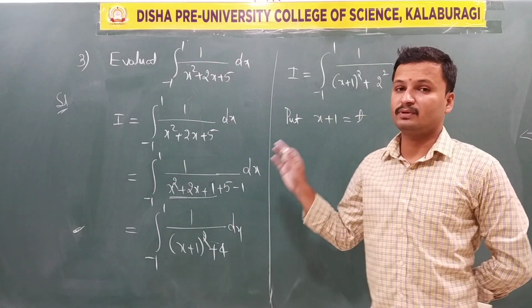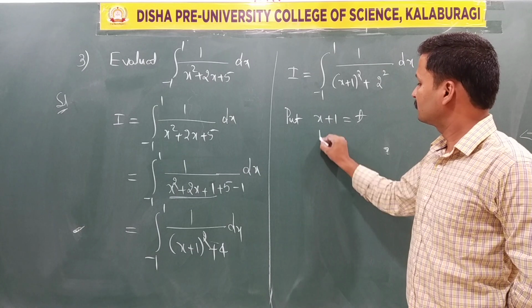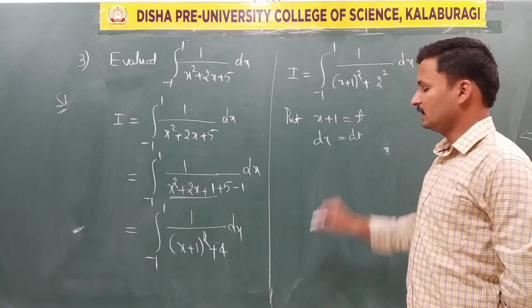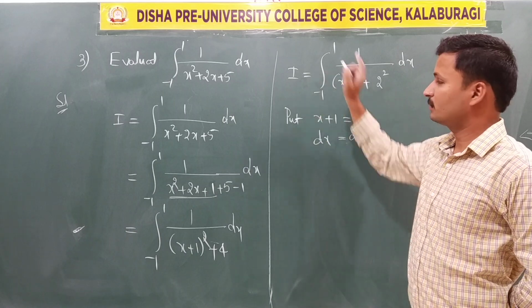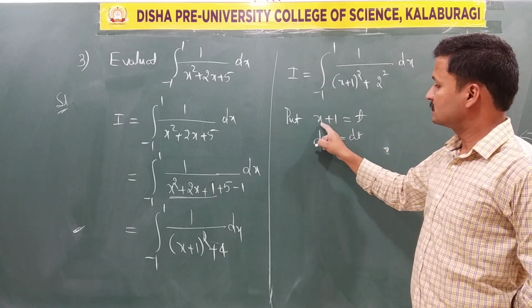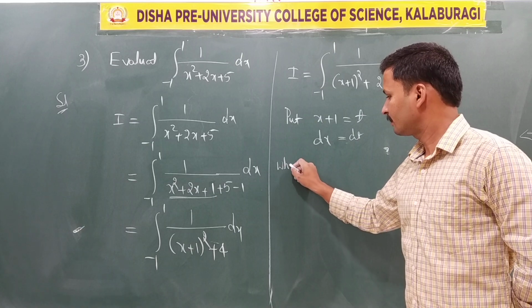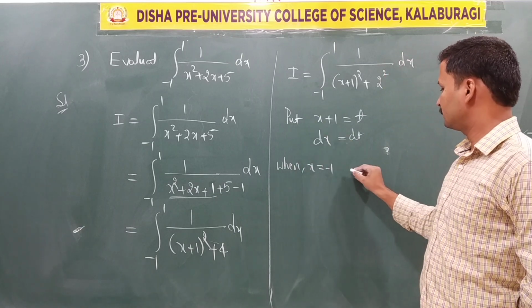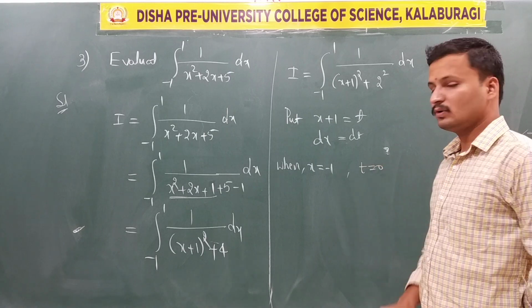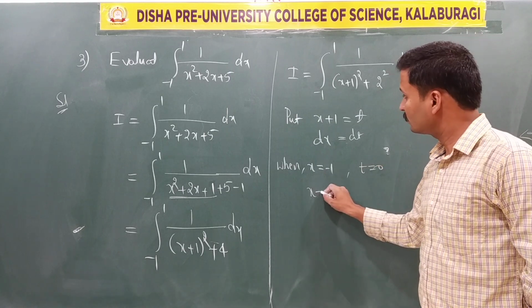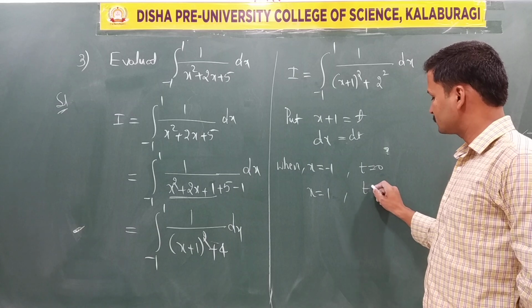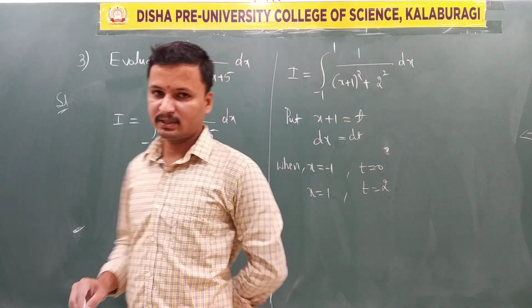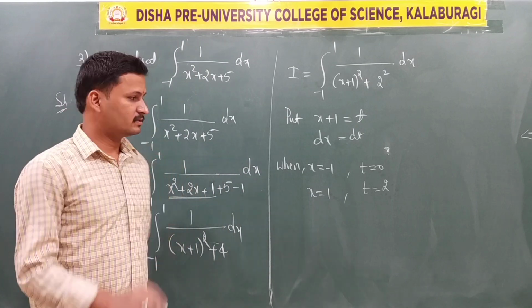So if x plus 1 is equals to t, then dx is equals to dt. So definitely the lower and upper limits also change. So when x is equals to minus 1, then t is equals to 0. When x is equals to the upper limit 1, then t is equals to 2. So from 0 to 2, upper limit is 2 and lower limit is 0.